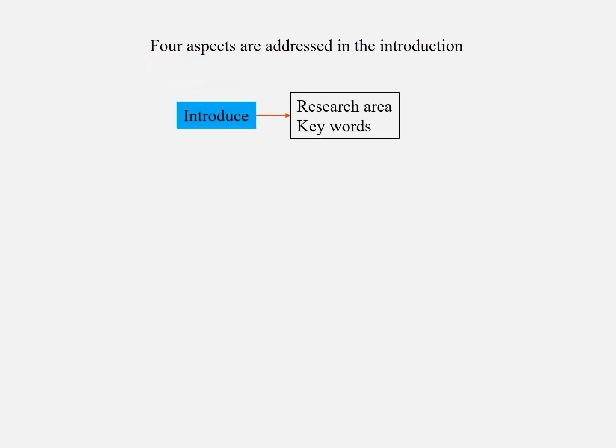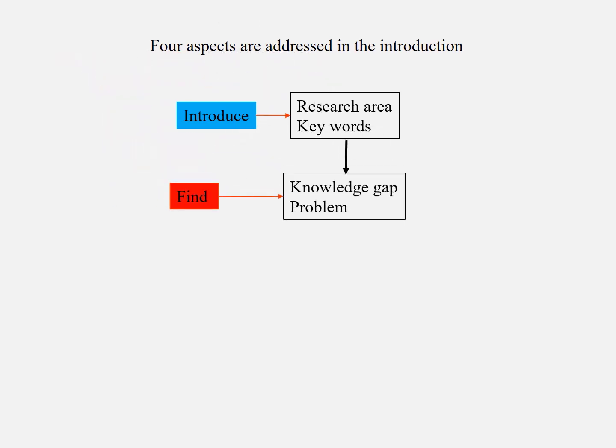Number one, you start with introducing the research area or the topic with the keywords, linking that into the title of your study. Number two, you should find the knowledge gap or the problem.